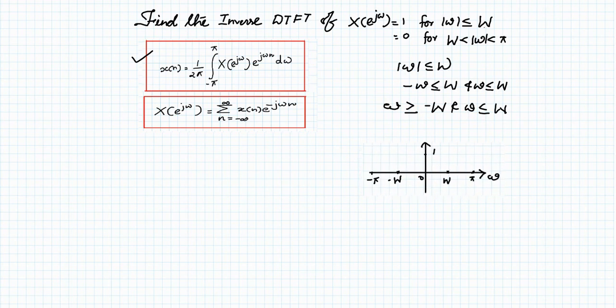So this is the limit minus π to π, because the DTFT X(e^{jω}) is a periodic function.